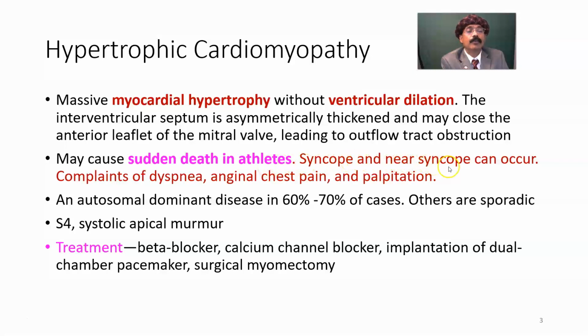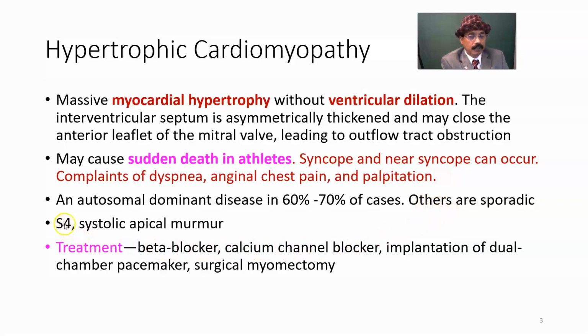Syncope and near syncope can occur. Complaints of dyspnea, difficulty in breathing, anginal chest pain, or palpitation may or may not always be present. It is an autosomal dominant disease in 60 to 70% of cases. Others are sporadic, specifically in the elderly population.